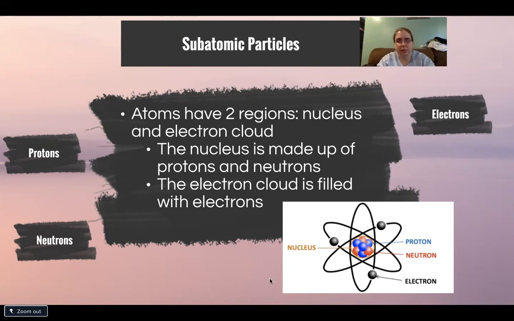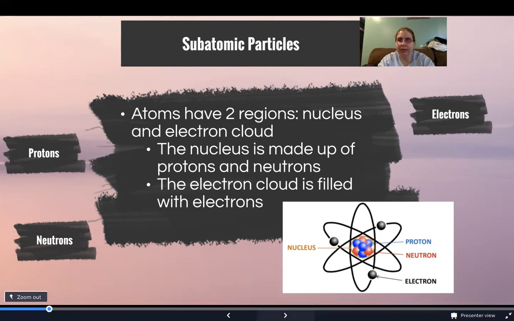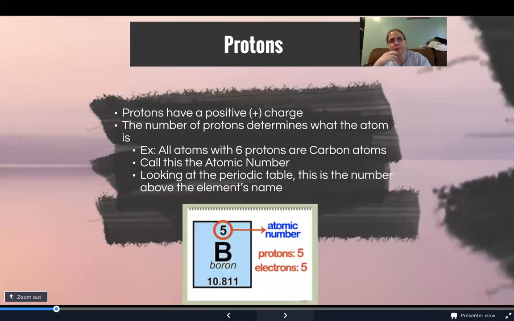All right, let's start talking about these subatomic particles. First we have protons. Remember, protons are found in the nucleus, and protons have a positive charge. The number of protons in an atom for a particular element does not change.